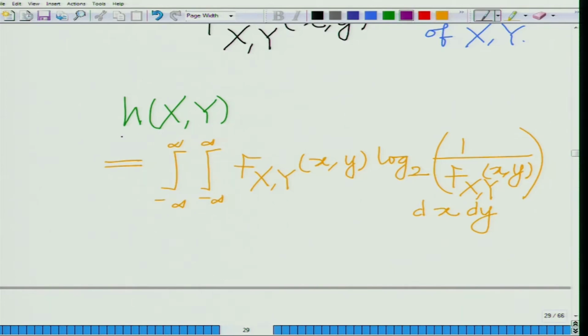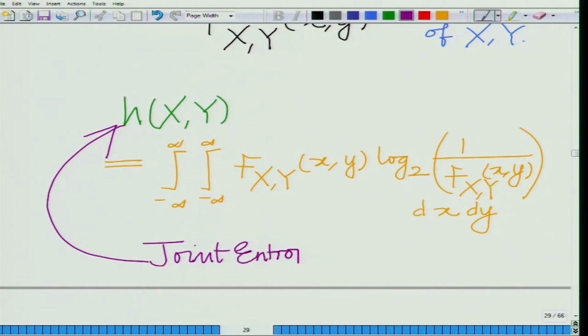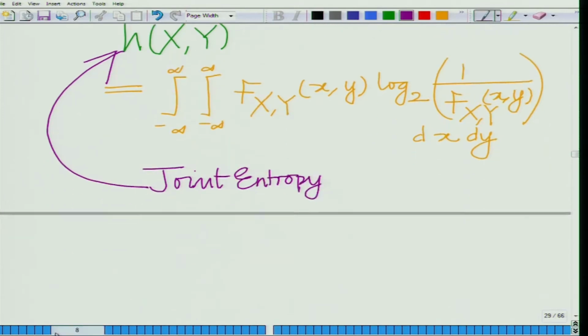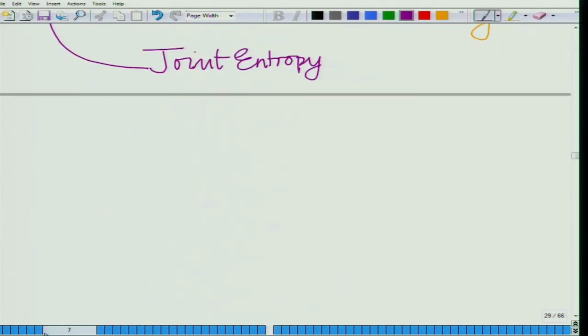So this is your joint differential entropy, or you can simply call this the joint entropy in this context. This is when the sources x and y are continuous.